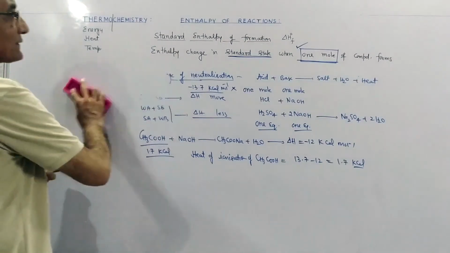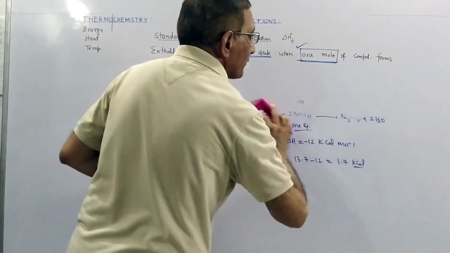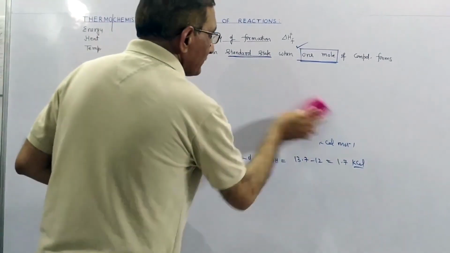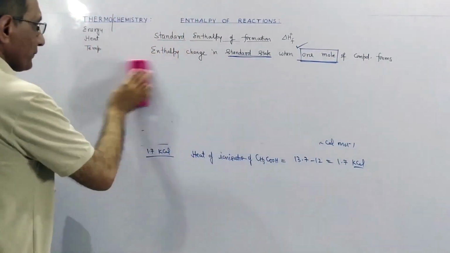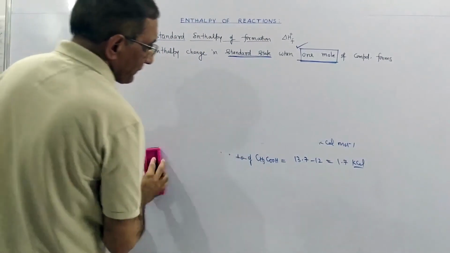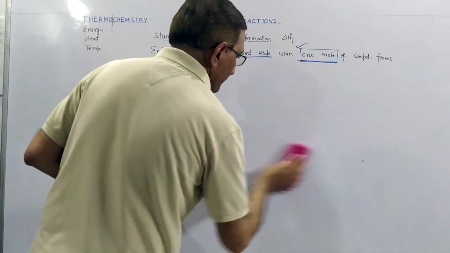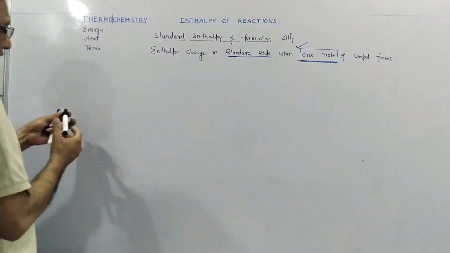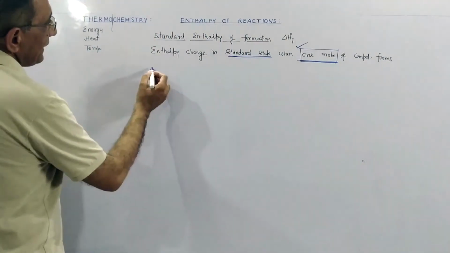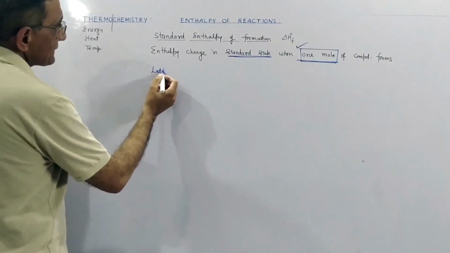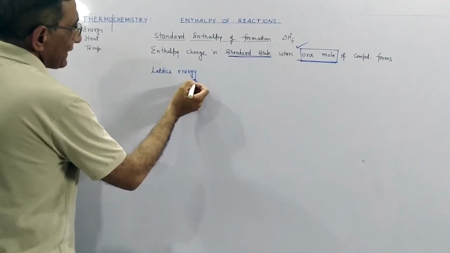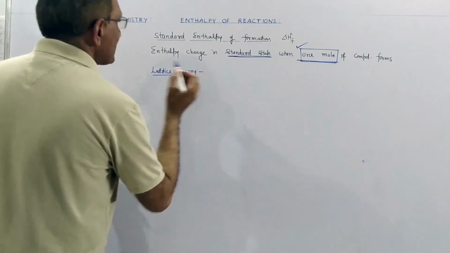Now we will discuss another type of heat of reaction which we use in this chapter. It is lattice energy, students. We have to do numericals also related to lattice energy.